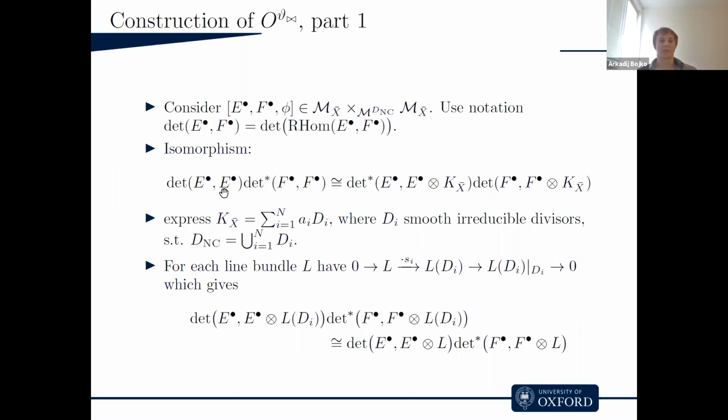So you get an isomorphism of E and F to the dual of the first with this twist by the canonical bundle, and the dual of the second twisted by the canonical bundle.